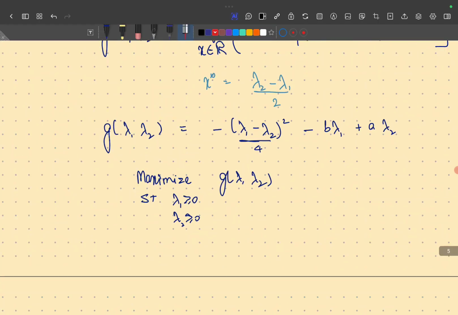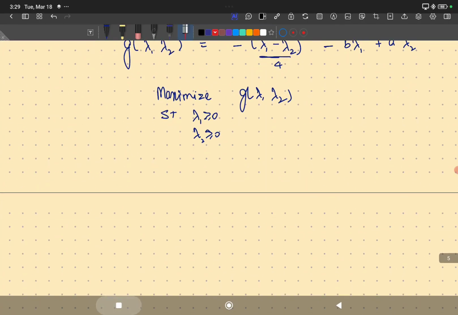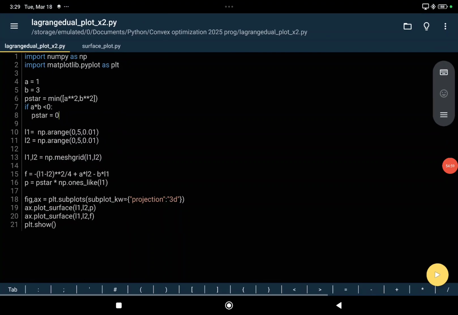Okay. And now let's try to numerically verify whether weak duality and strong duality hold or not. So I've written up a little program that just plots these things. So remember that the primal optimization problem is a function of just one variable x, correct? Whereas the dual optimization problem now has two variables.